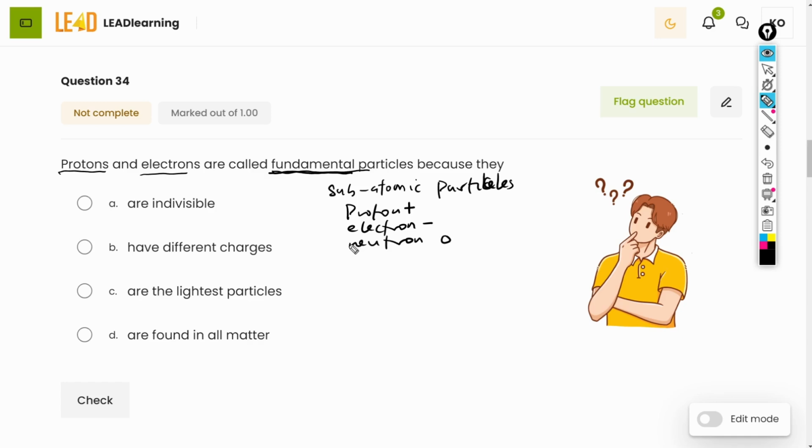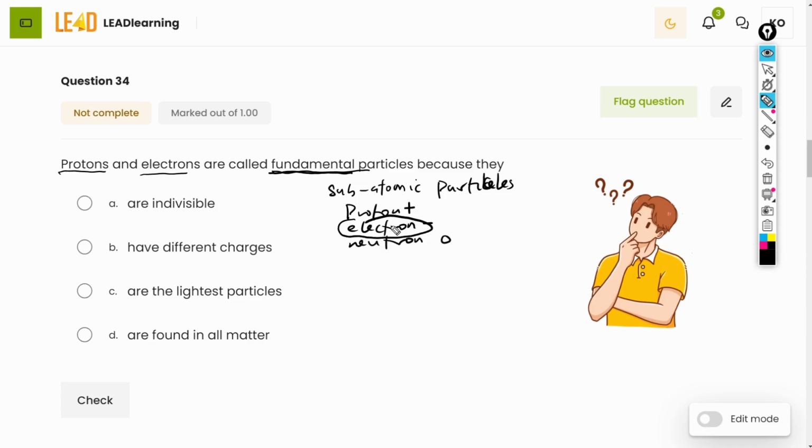And currently, only electrons are considered to be fundamental.